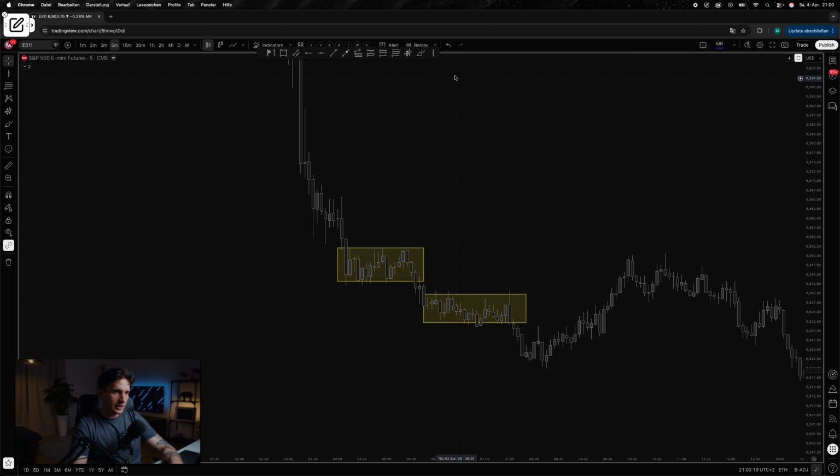Now how you can play this range is, first of all, mark out this box, right? And when the market pushes to the upward side and you just wait for the market to break back, that's your trigger line to go short. You don't look here for a reversal to the upward side. You don't look here for a buy.